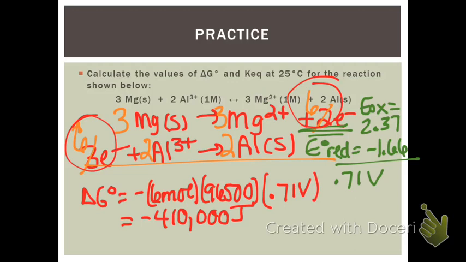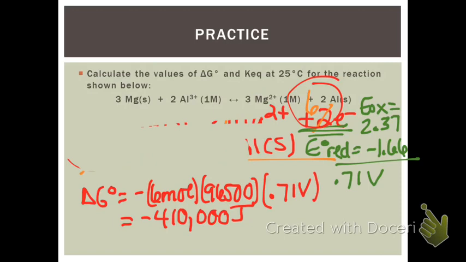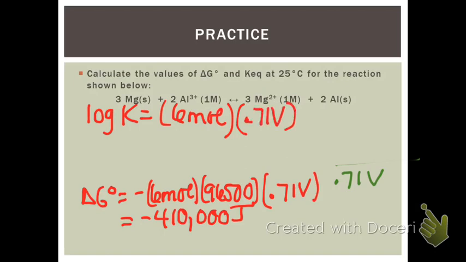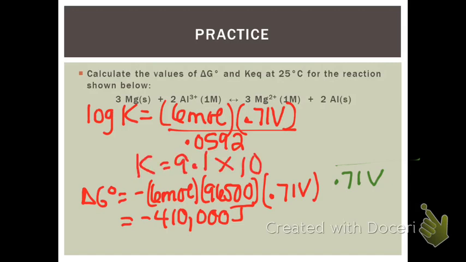And then to solve K, log of K equals 6 moles times cell potential 0.71 volts divided by 0.0592. Make sure you do 10 as the base, to that power. And you get 9.1 times 10 to the 71st is the final answer.